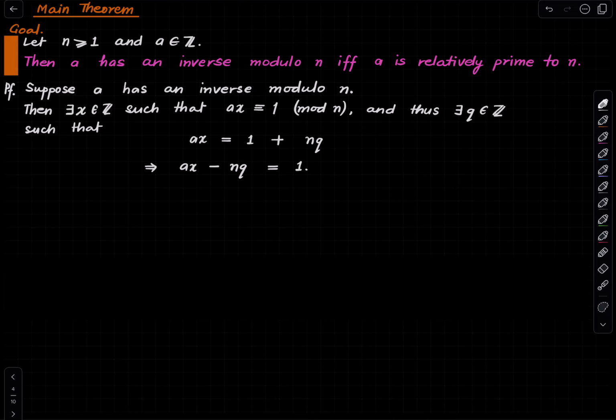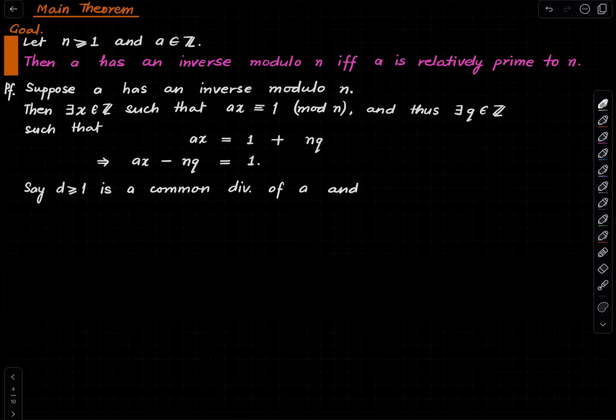Okay, but now note that if a and n had a common divisor, let's say d is a positive integer which is a common divisor of a and n. What do we want to do? We want to show that d is equal to 1. That is what it means to show that a and n are relatively prime.